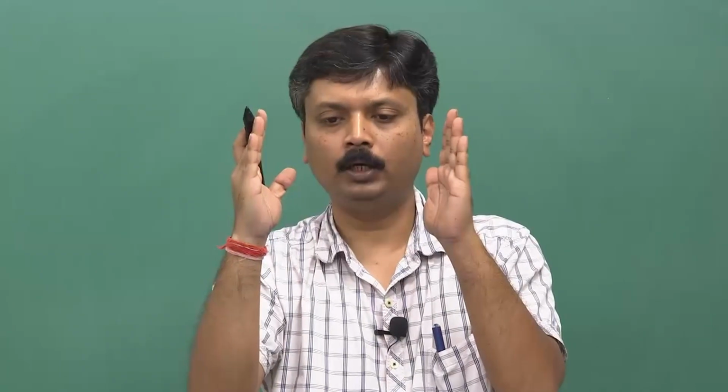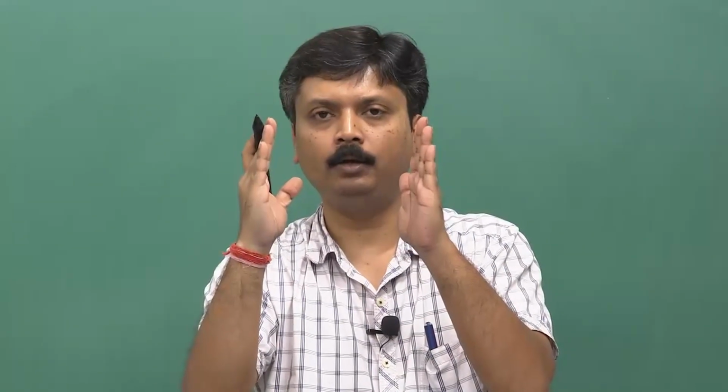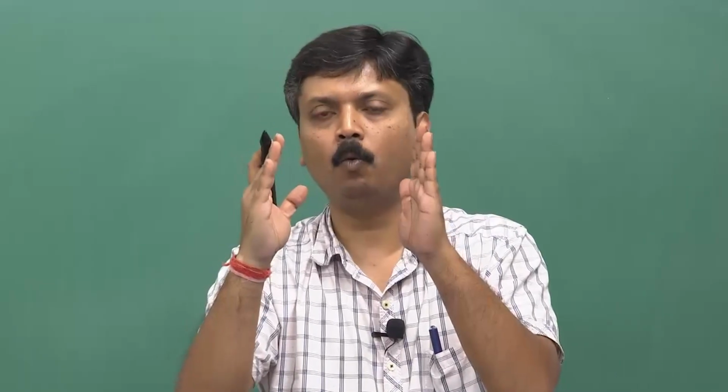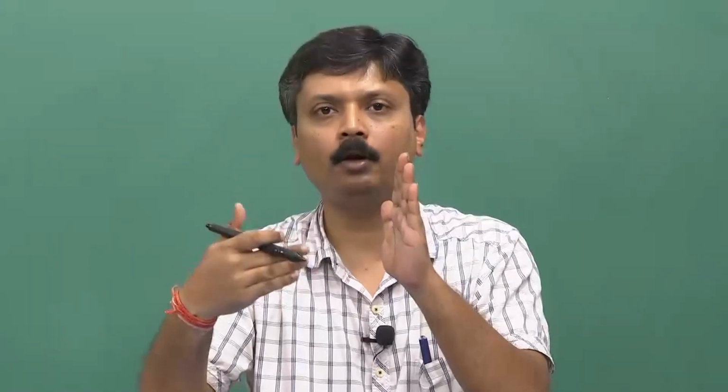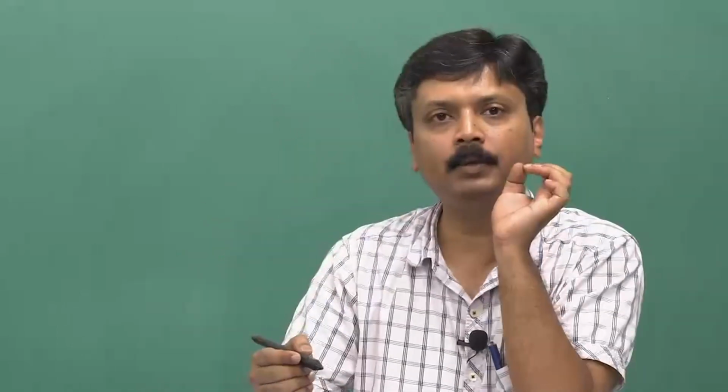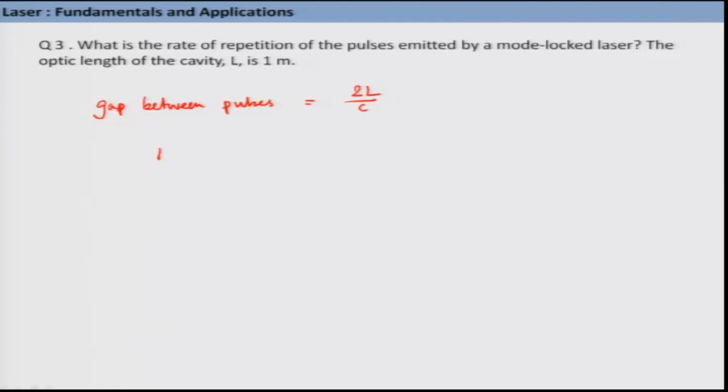If I know this gap, then I will definitely know that in 1 second how many times this amount of gap will appear, and that will give me the total number of repetitions, or the repetition rate. So, essentially the rep rate will be 1 upon this quantity. You can easily solve this one.